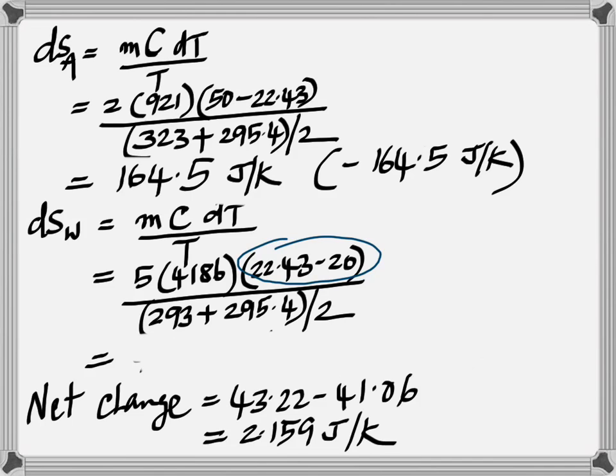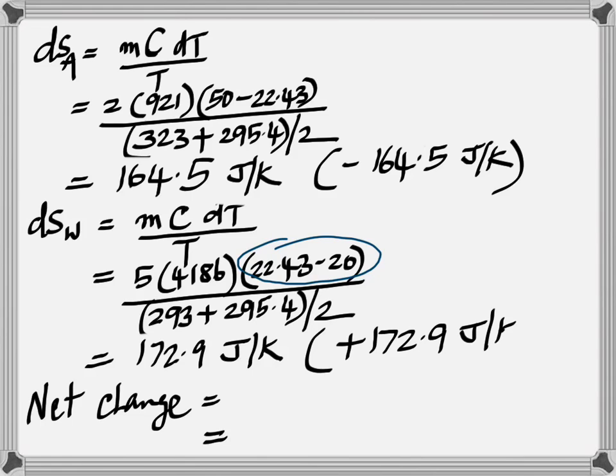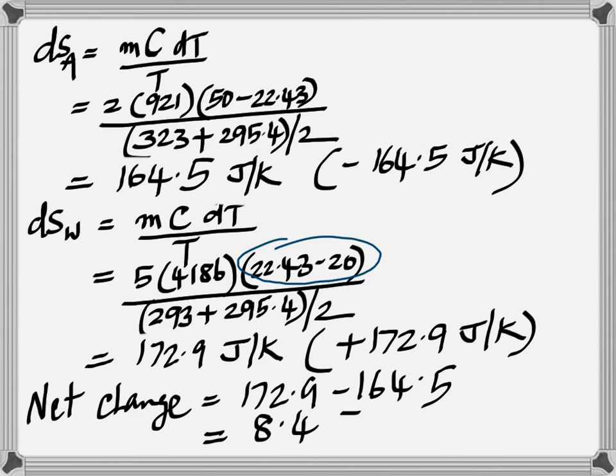Here again, some problem in the calculation. When I put it into the calculator, I apologize for that. So you get 172.9. It's positive because heat is gained, and then the net change is 172.9, take away 164.5, which is 8.4 joule per Kelvin.